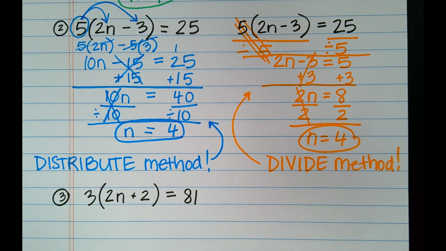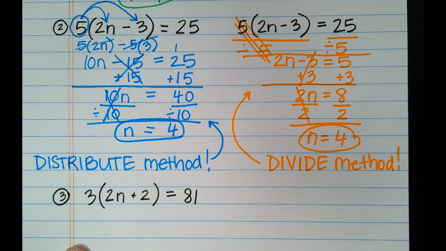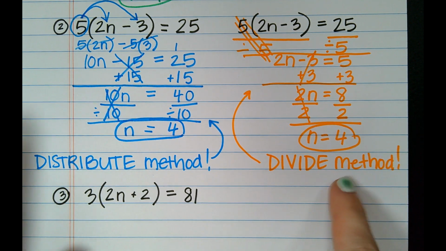I have a new problem, and I'm going to be honest, I think this one might end up giving us a decimal as our answer, but decimals exist, that's okay. So I want you guys to solve this one on your own. You can use either method, whichever one you prefer.